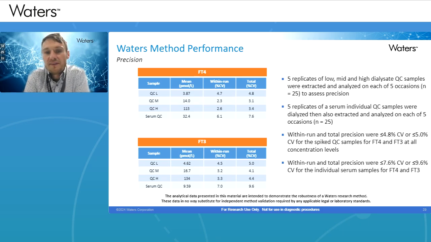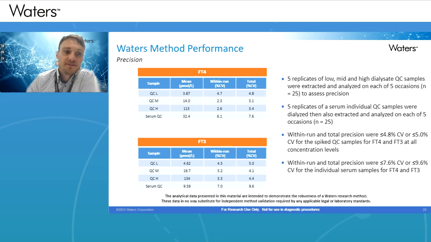We then process that data in Waters Connect QuanReview application and then perform statistical analysis using Analyse-it in Excel. And within run and total precision were found to be less than or equal to 5% CV for the dialysate QC samples, and then less than or equal to 9.6% CV for the serum QC samples.